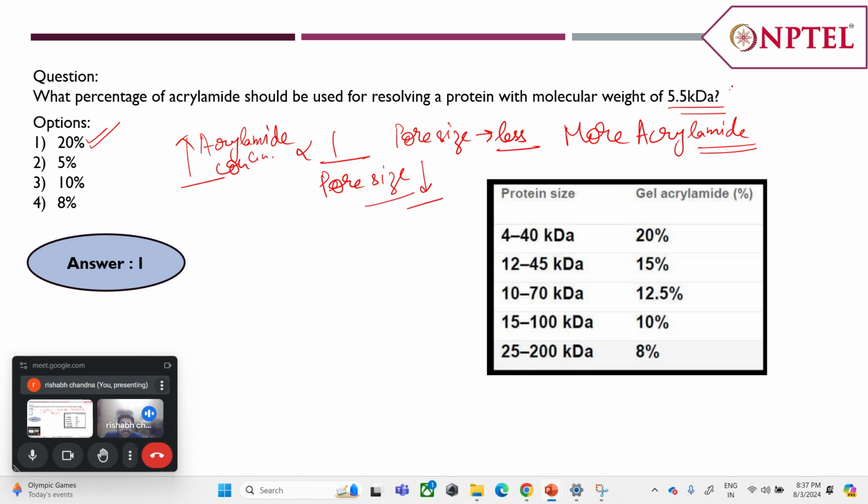So this is a small molecular weight protein, and it would require a larger percentage of acrylamide. And if we need to separate a protein with a molecular weight in the range of 200, then we would require a large pore size to move the protein through the gel, so less acrylamide.